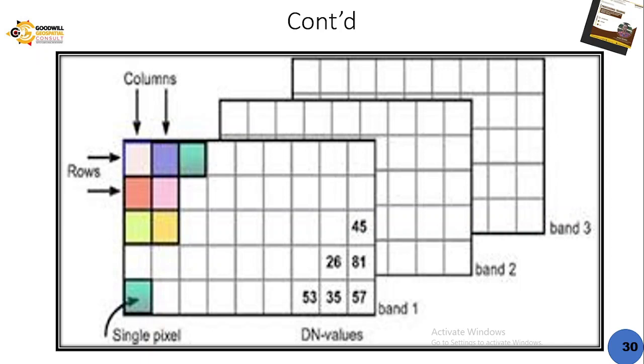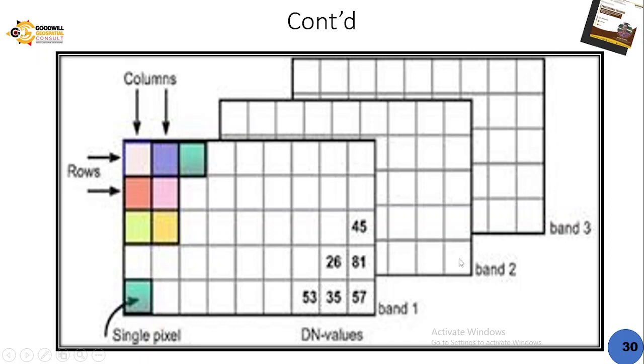Likewise, this band, this spectra or this pixel geographically corresponds to this pixel in geographic context. So when we are doing the band ratio, when I'm dividing band 2 by band 1, this digital number will be divided by the digital number here. When I'm doing band 3 by band 2, this digital number here will be divided by the digital number here.